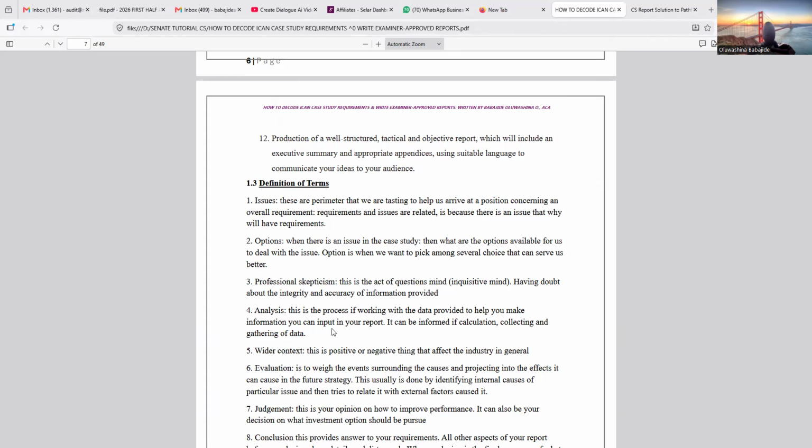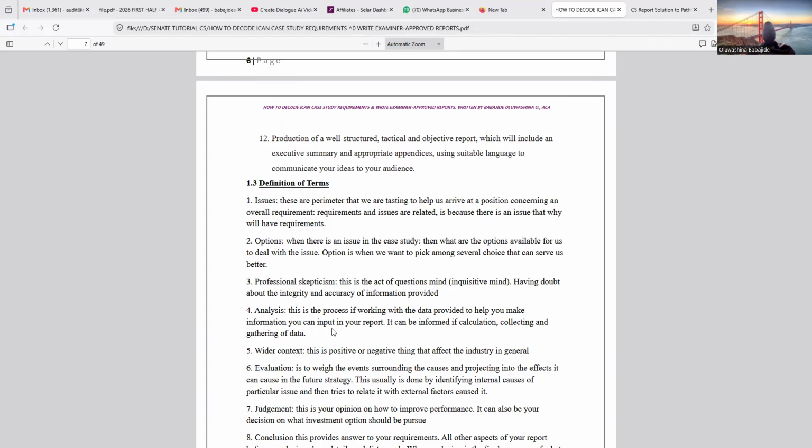Your client will then look at you and say, oh, you don't know what you are doing, you are not even qualified. It's not that you don't qualify, or that you are not good, but that you are having limited access to information, while the other man is having good detailed information. That's why he was able to come out with the best report. So that is why the professional credibility is going to help you.